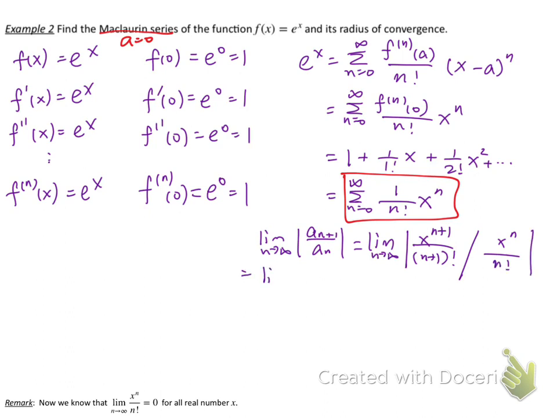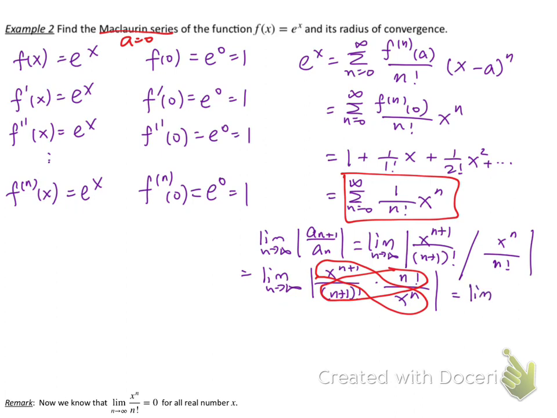Then I flip it: x^(n+1) over (n+1) factorial times n factorial over x to the nth power, and I cancel them. It will be just an x, and n plus 1 in the denominator. So this gives me the limit as n approaches infinity of x over n plus 1 inside the absolute value.